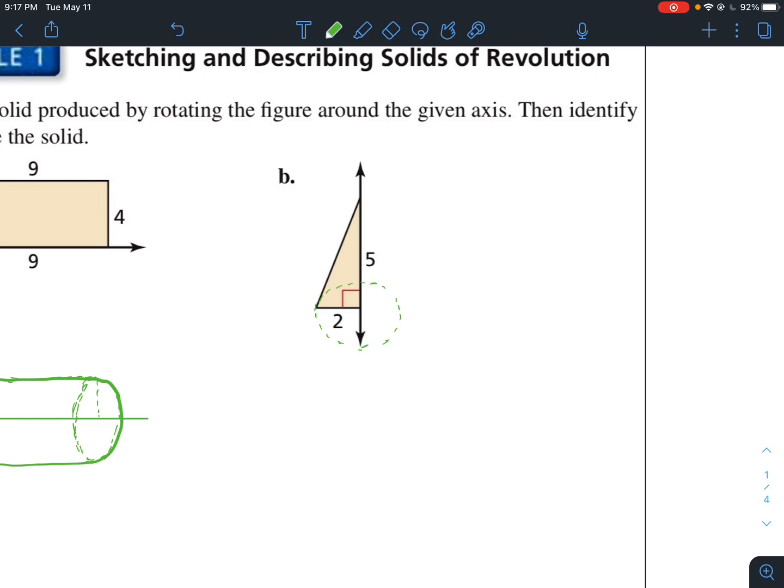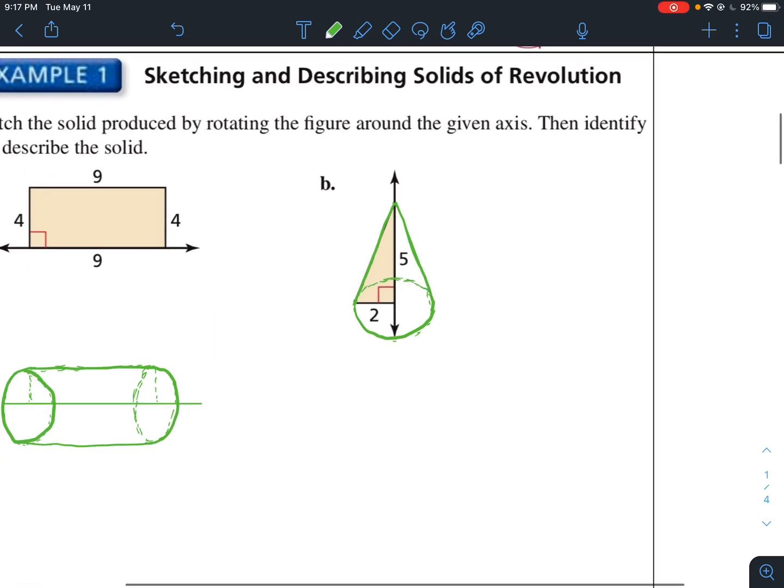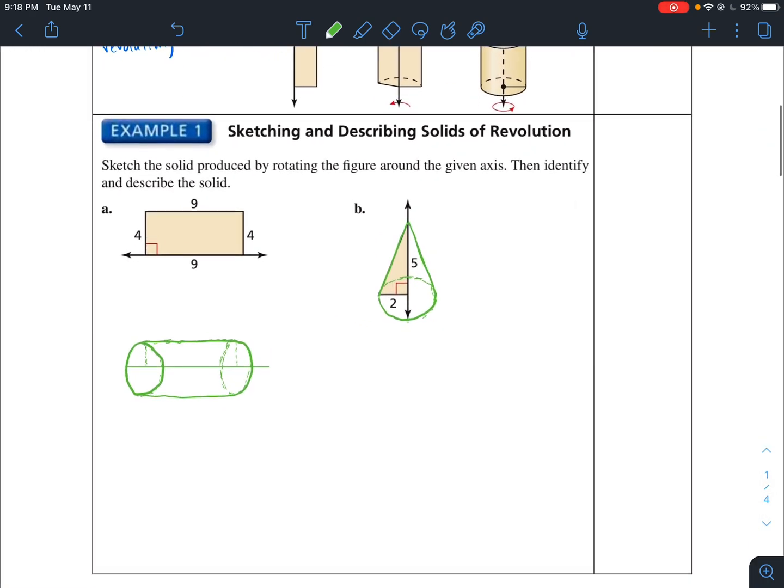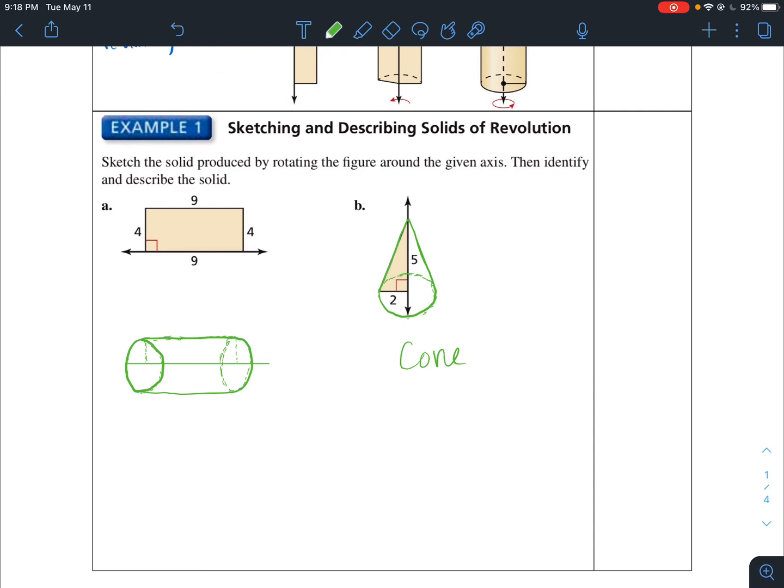That's the shape it's going to make, but it's also going to come down right here, so this shape is going to be a cone. It should make a cone with a height of 5 units and a radius of 2 units. So we have a cone here and a cylinder here.